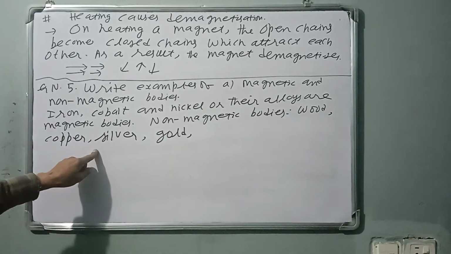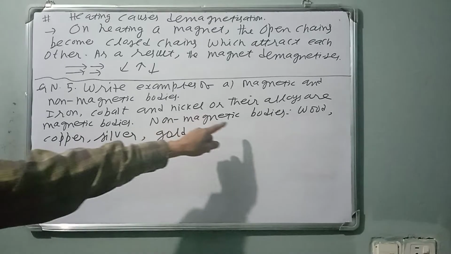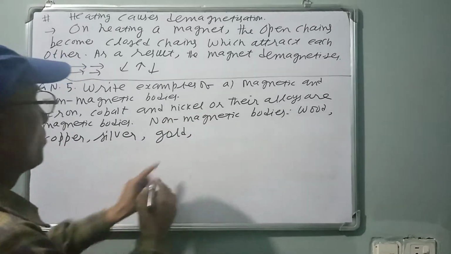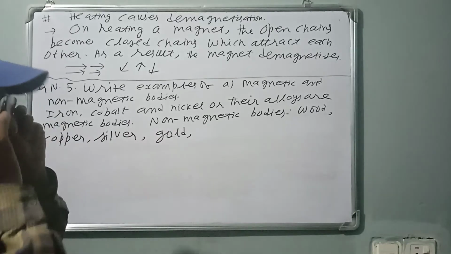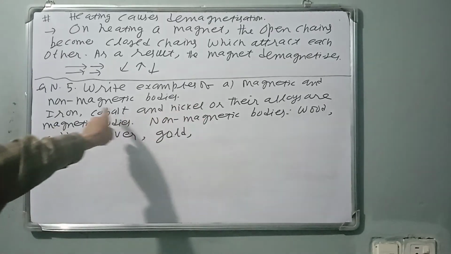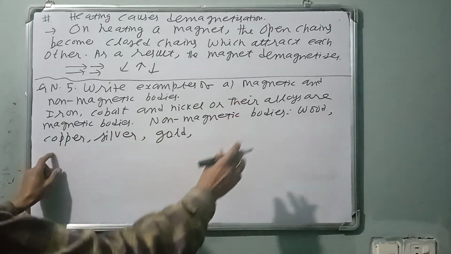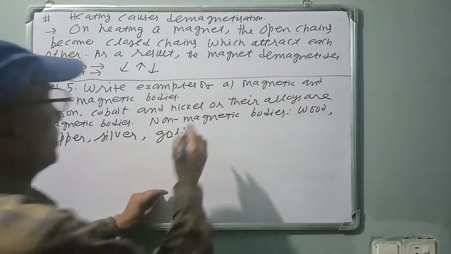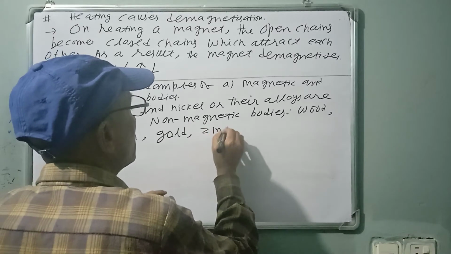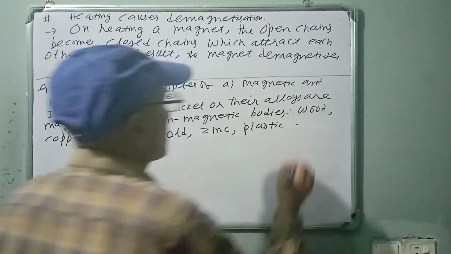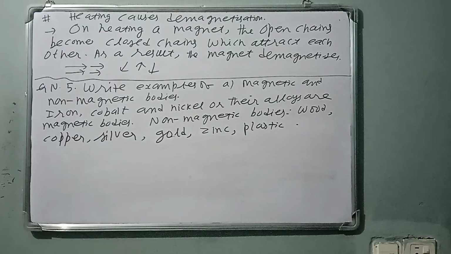Although they are metals, they are not magnetic. They are not attracted towards a magnet. Aluminum, but sometimes aluminum can also be attracted by mixing with iron, nickel or cobalt, by making alloys. Wood, copper, silver, gold, zinc, plastic, etc. are non-magnetic bodies.